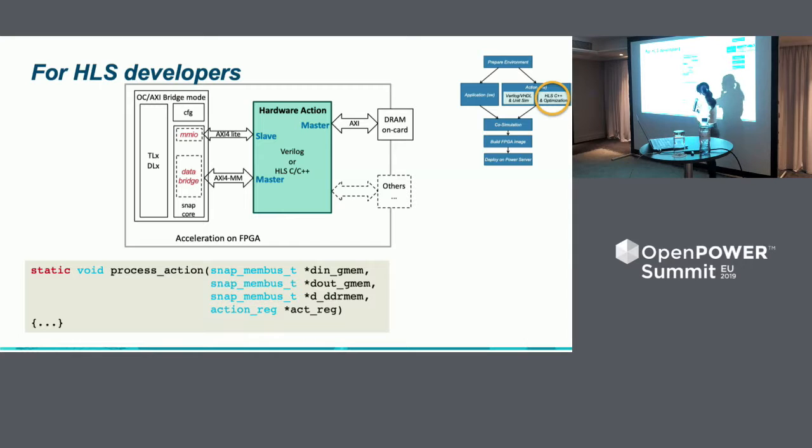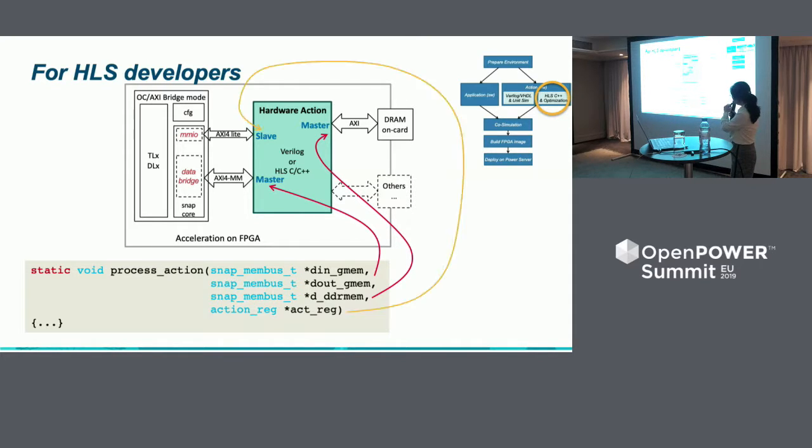There is also an interface for the DDR memory, and also action registers. So D in GMEM and D out GMEM correspond to the AXI4 master interface, the DDR interface corresponds to the DDR memory, and the action registers are linked to the configuration parts.